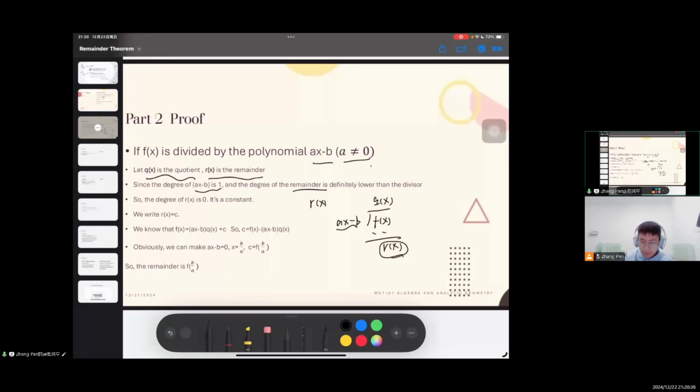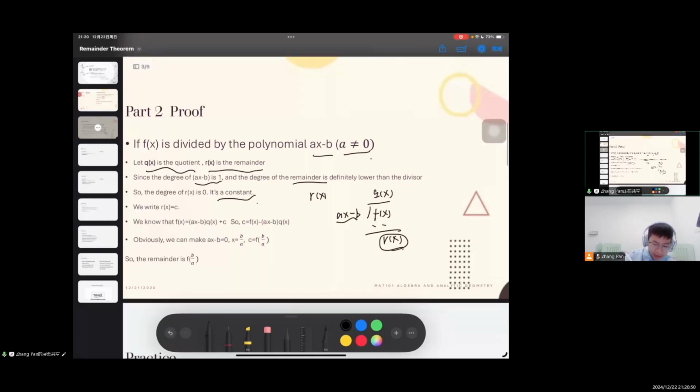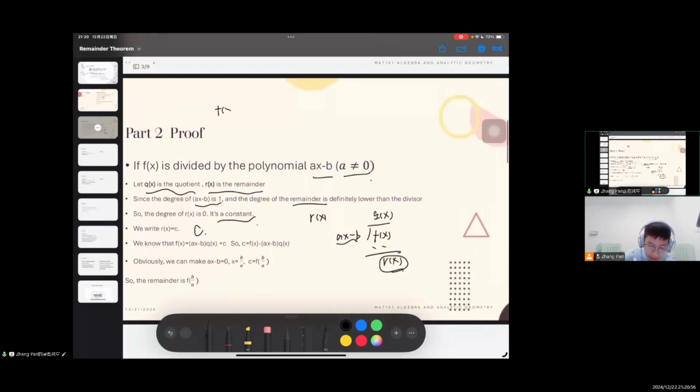So if r(x) is the remainder, the degree of r(x) is lower than 1, so r(x) is a constant. We can write r(x) equals c. So f(x) can be written as (ax minus b) times q(x) plus c.